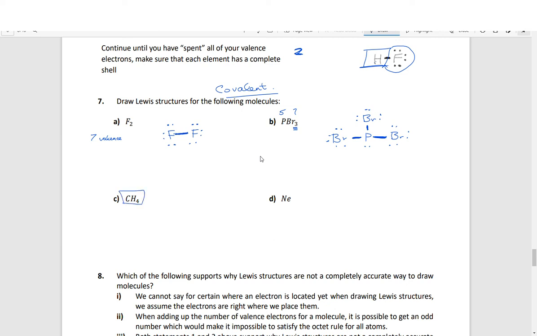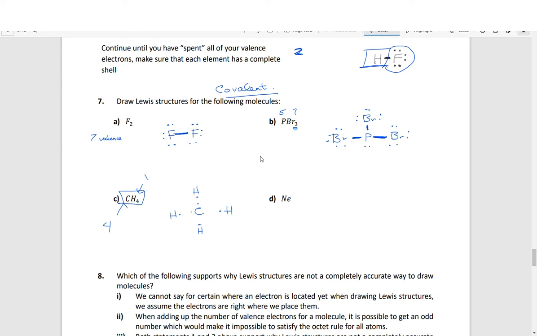Okay, methane here. So I'd have a carbon and 4 hydrogens. In taking a look at how many valence electrons are around these, carbon would have 4 and hydrogen has 1. So I could draw my 1, or like that, right? 1 around each hydrogen.